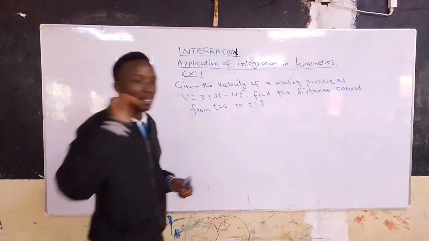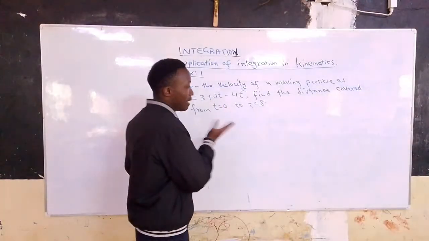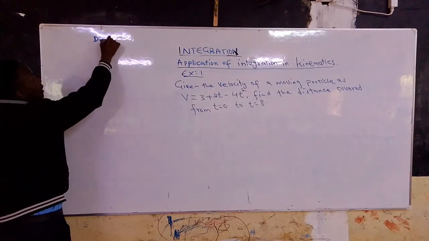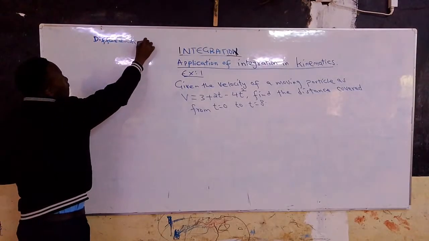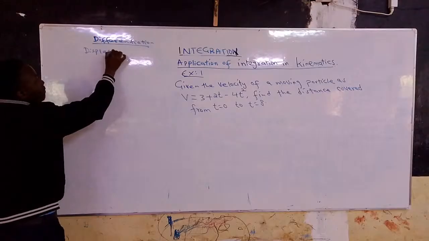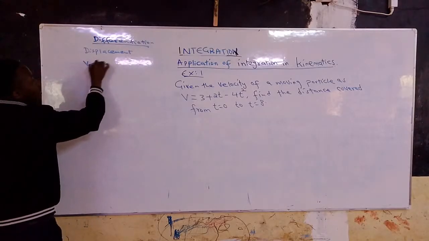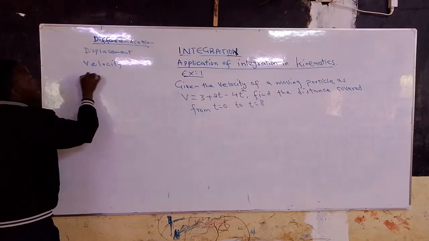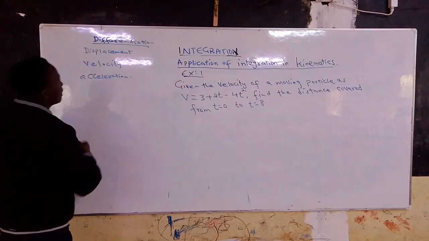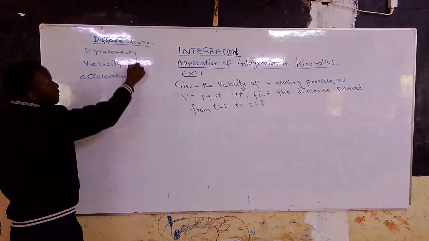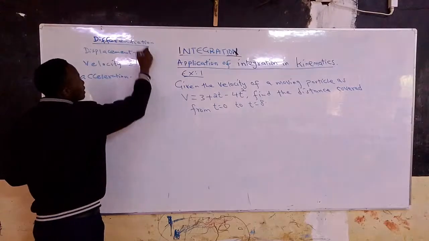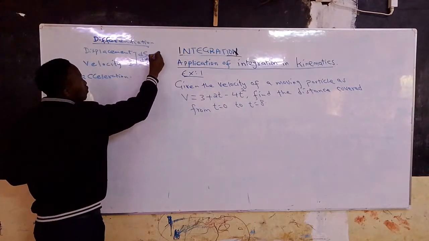So let me start off this particular subtopic from this perspective. In differentiation, we say that given the displacement, velocity, and acceleration, given the equation of displacement, we differentiate, we find dy over dx or ds over dt in this case to get velocity.